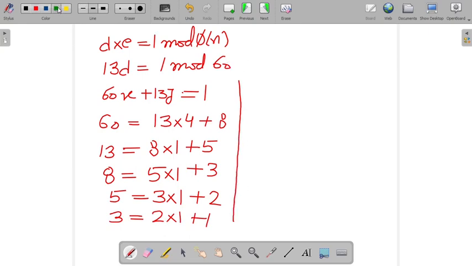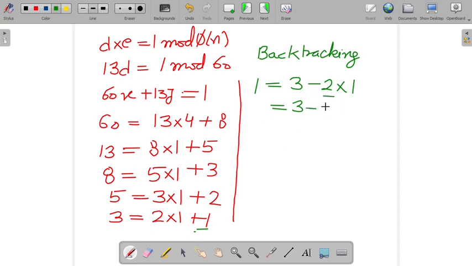Then next step, you know, backtracking. So apply the backtracking. So what do you write? 1 is equal to 3 minus 2 multiplied by 1, and then I'll write down the 2 as 5 minus 3. So 1 is 3 minus (5 minus 3), which is 2 multiplied by 3 minus 5.